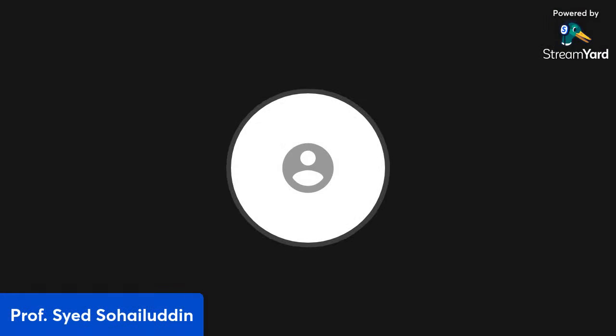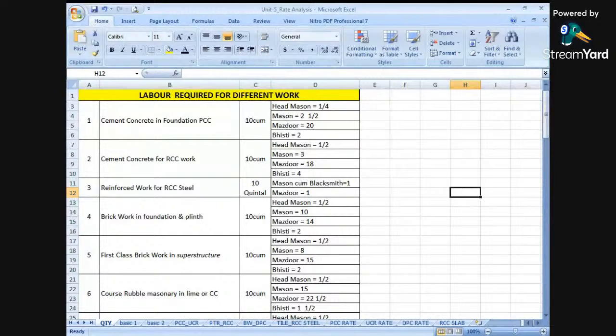Again, we will see some of the numericals. Here we can have the basics related with the rate analysis. There is a basic Excel sheet available, and with the help of this Excel sheet, we will see the basics.